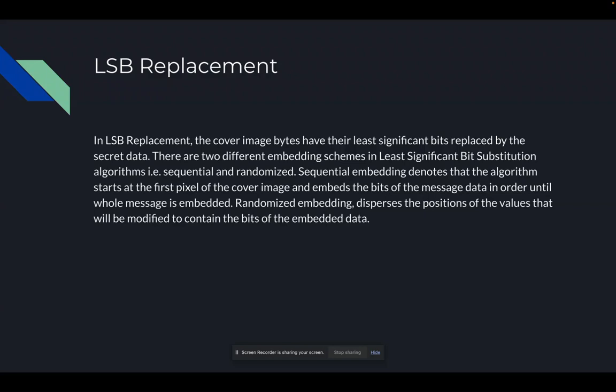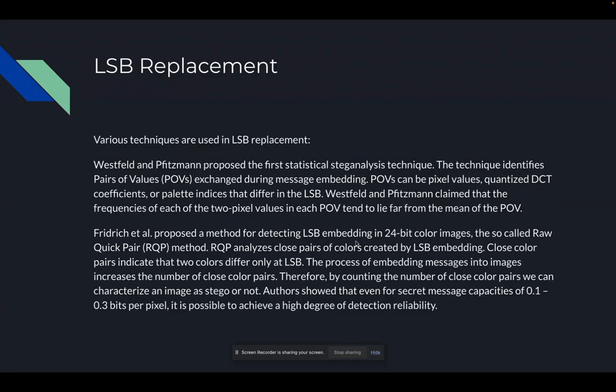With randomized embedding, it disperses the positions of the values that will be modified to contain the bits of the embedded data. Various techniques are actually used in this LSB replacement as well.